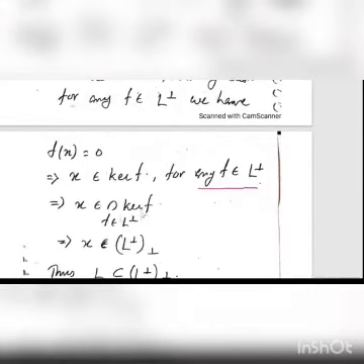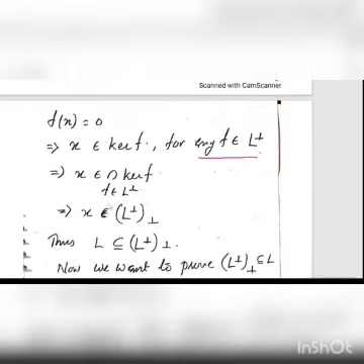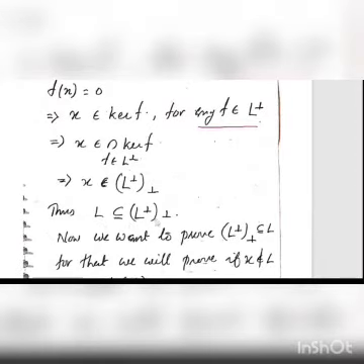That means by definition this is the dual annihilator of the annihilator. So x belongs to the dual annihilator of L. That implies your L is contained in the dual annihilator, right? So we have proved one way of inclusion.